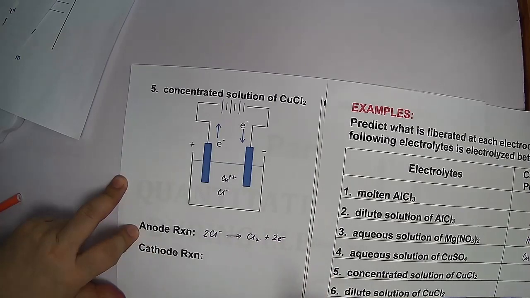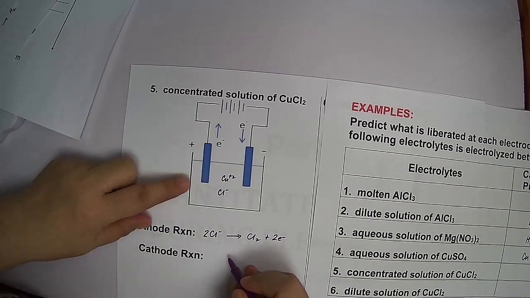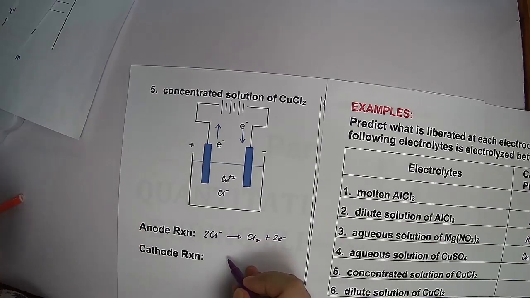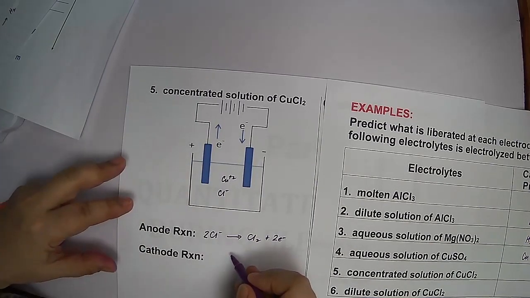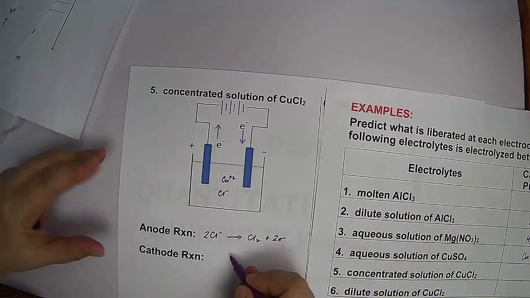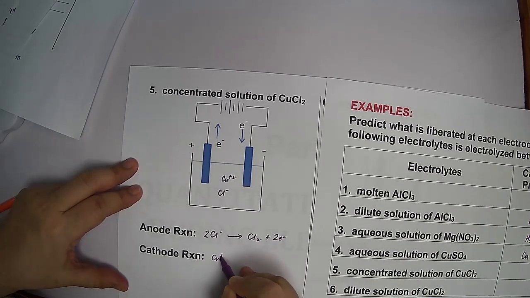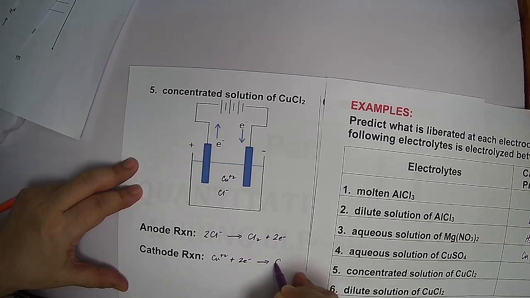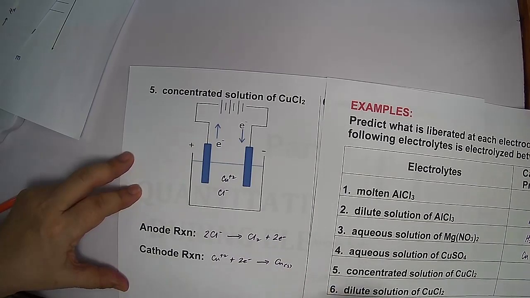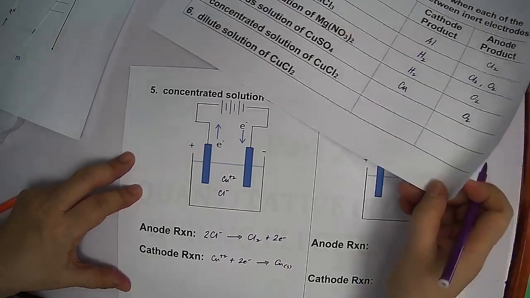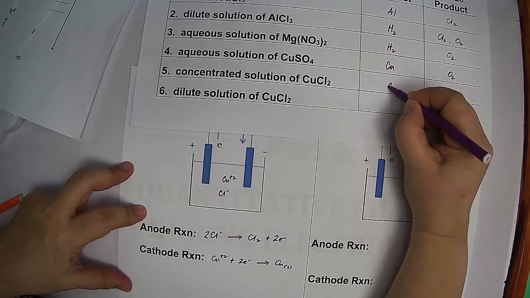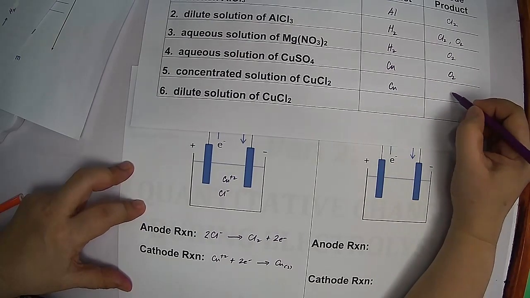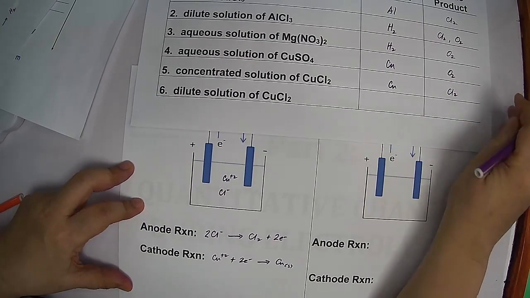And no water, no hydrogen will take part anyway, and copper is below hydrogen. Even if there's water, it will be the copper ion that will undergo reduction, and you have the copper solid. So the product at the cathode is copper, at the anode is chlorine gas.